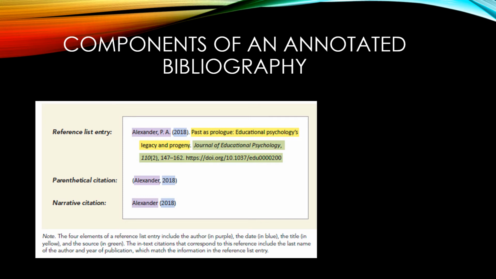So if the first author was Alexander and the second author was Smith, we would have Alexander ampersand sign Smith, comma 2018. If there were three authors, so we had Alexander, Smith, and Jones, we would say Alexander, comma, Smith, comma, ampersand sign, Jones, separated by another comma and the year of publication. Okay.